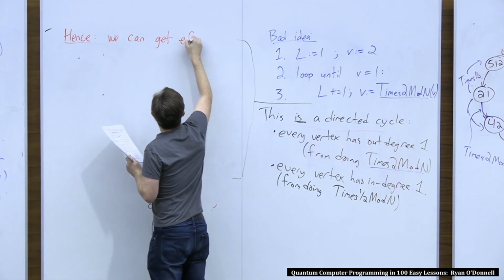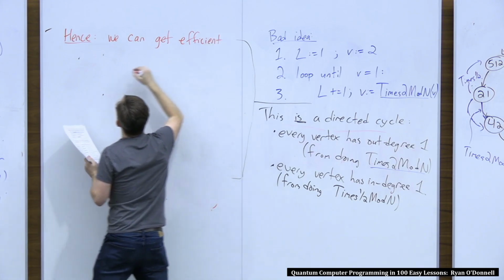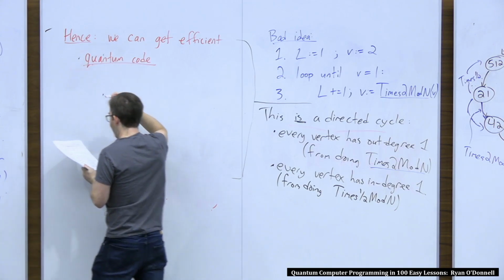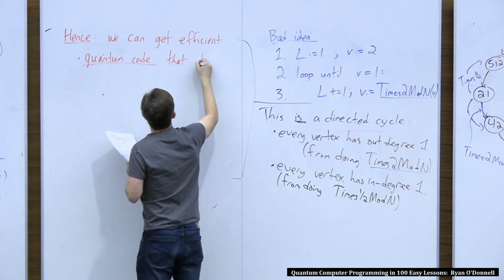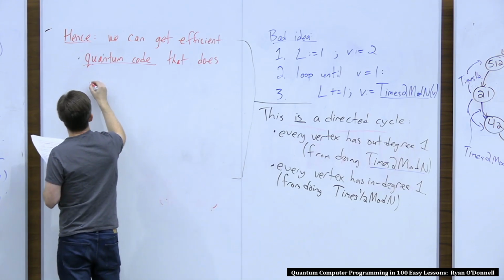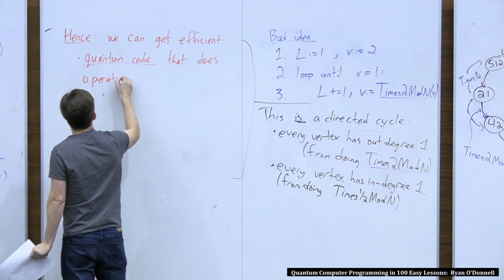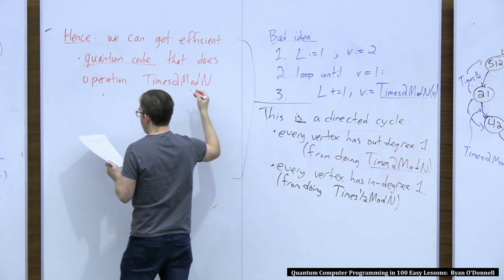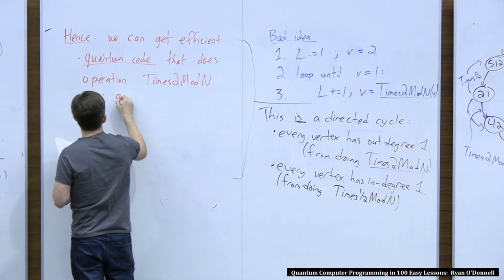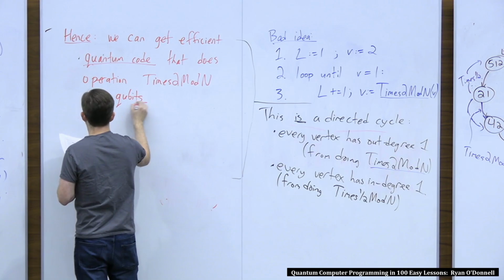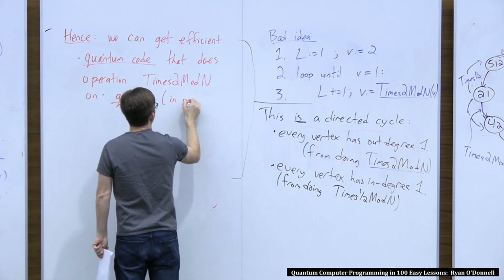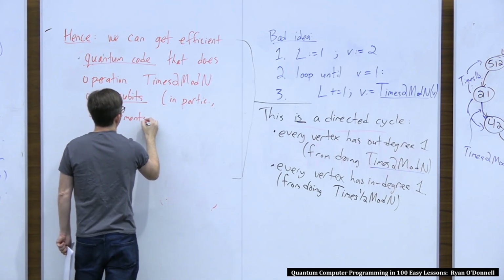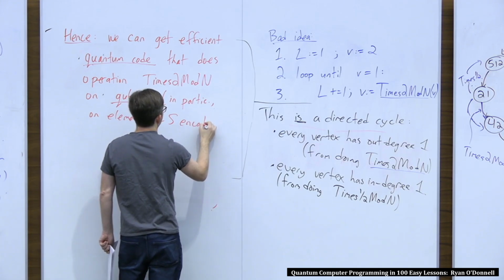We can get efficient quantum code that does the classical reversible operation times 2 mod n on qubits. So in particular, on elements of S encoded with qubits.